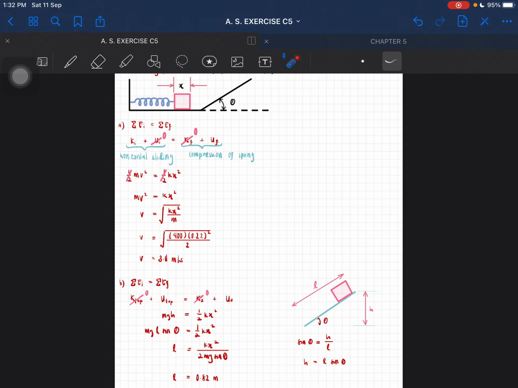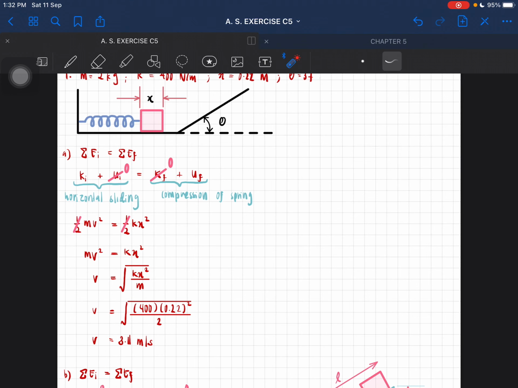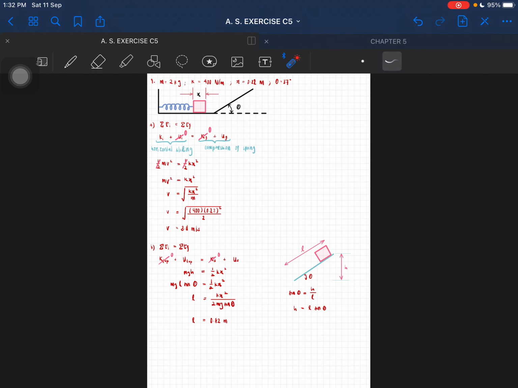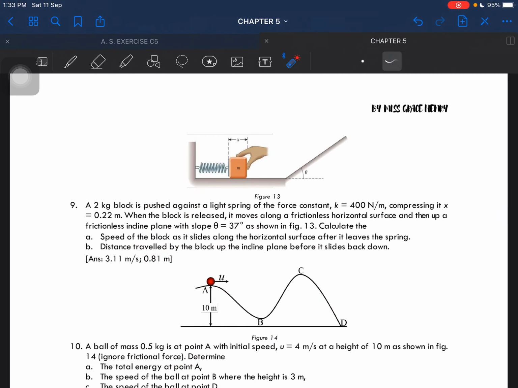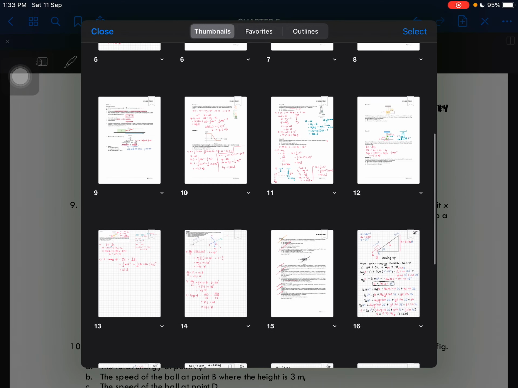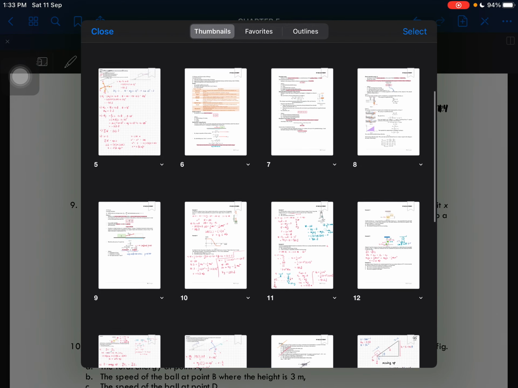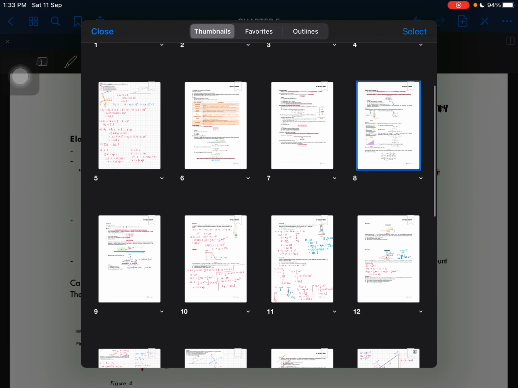If you are confused about this energy equation, we have to consider both the block and the spring. But this is only valid for frictionless. If there is friction, you have another formula, which I think is this one.